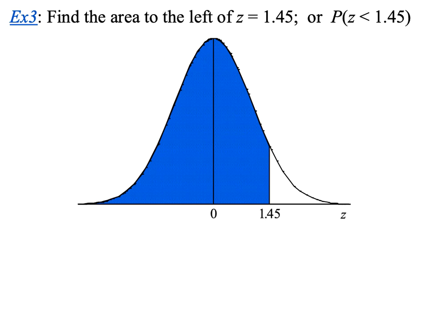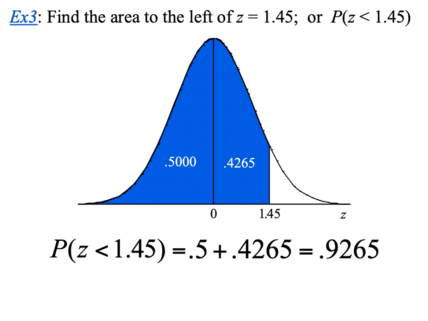So again, using your symmetry can be helpful. This time, again, we've already calculated from 0 to 1.45, but this time we're including past that and all the stuff to the left, which we know the stuff to the left is 0.5, and we know from 0 to 1.45 is 0.4265. So this time, if we're looking at our z-score being less than 1.45, we would add our probabilities together, and so that would account for 0.9265, or 92.65% of our data.